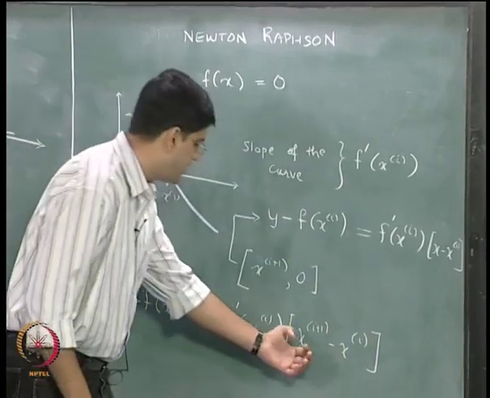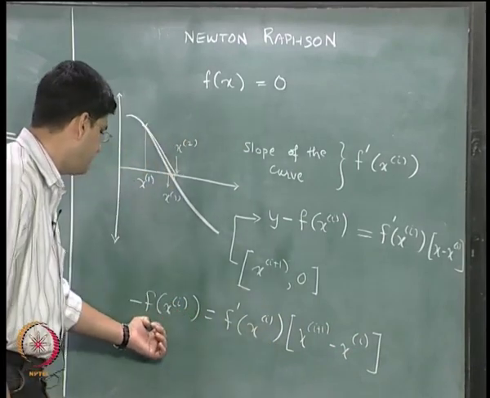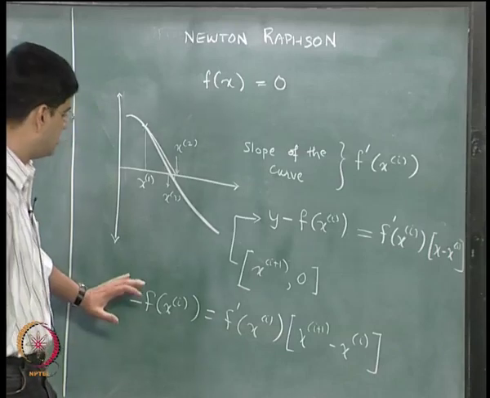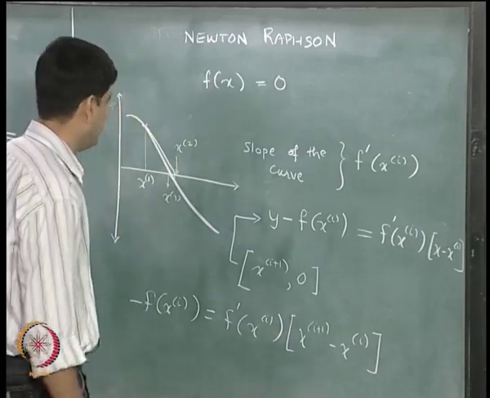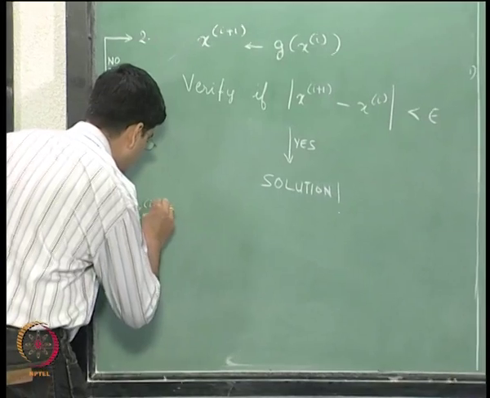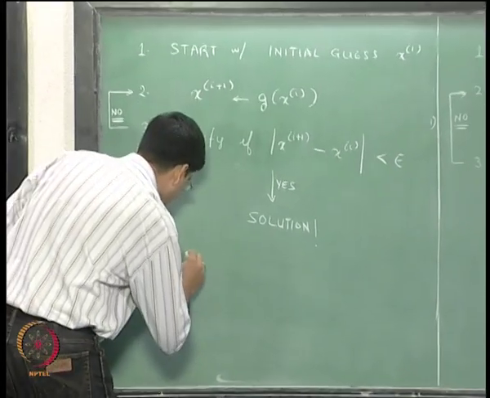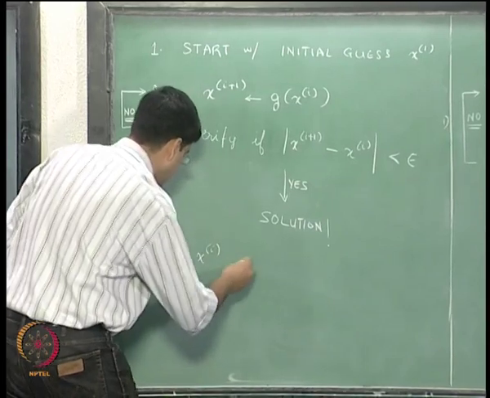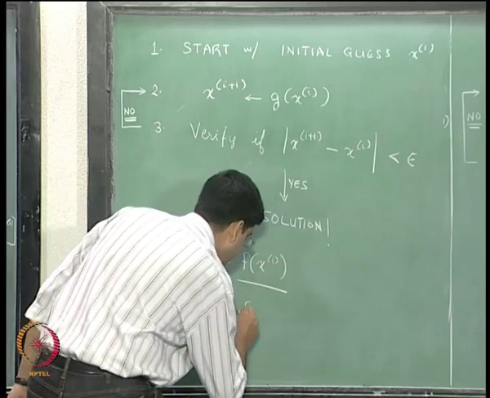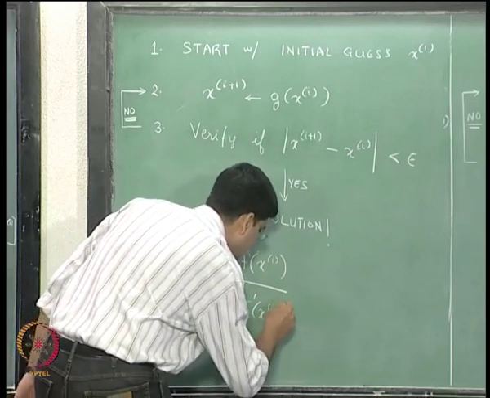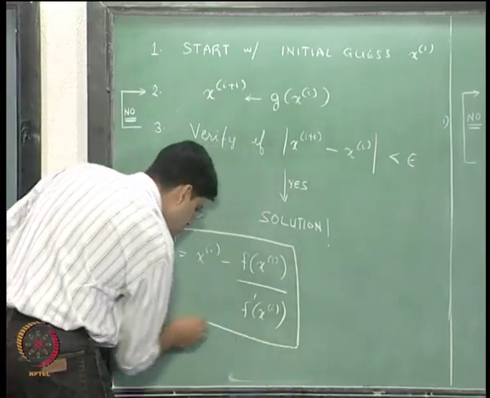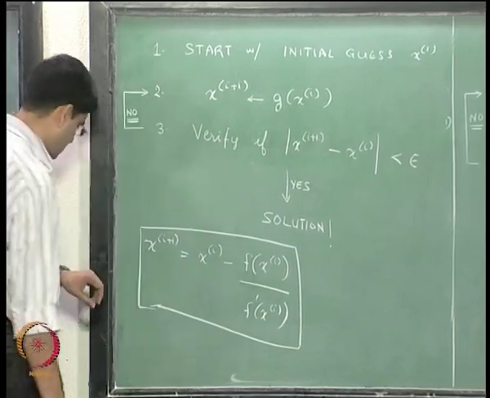We can divide throughout by f dash of xi and take xi to the other side, and the resulting equation is xi plus 1 equals xi minus f of xi divided by f dash of xi. This is how we use the Newton-Raphson method to come up with the next solution xi plus 1.